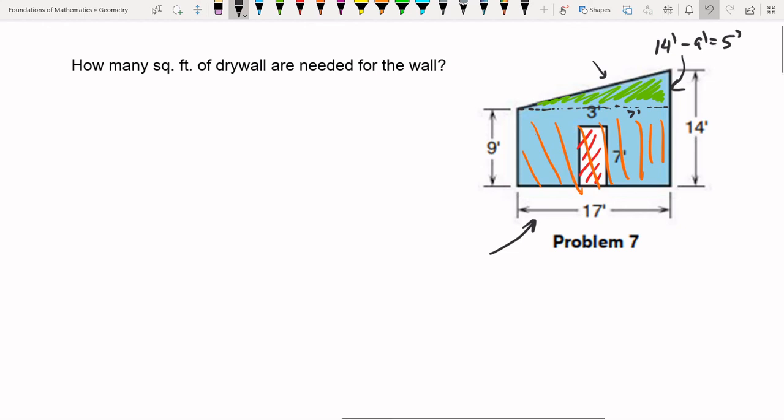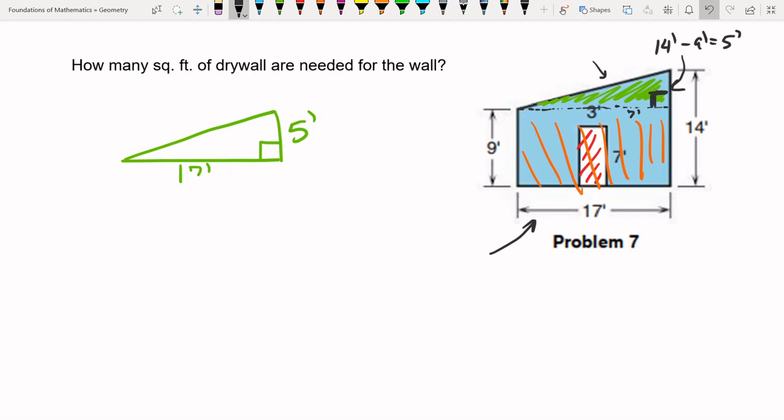Anyways, let's look at the green. The green is going to be this triangle here with 5 feet, 17 feet, and this side actually doesn't matter because we're trying to find the area. All we're trying to do is find the area of all of these figures and add them together, and that gives us the area of drywall we need to find. The reason why we don't need to know this third side is because this is at a right angle, just like right here in the picture.